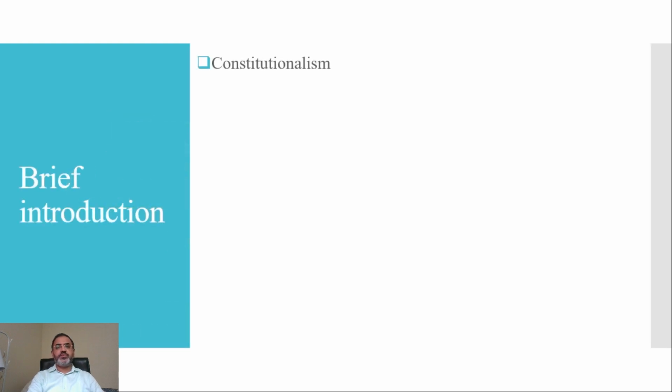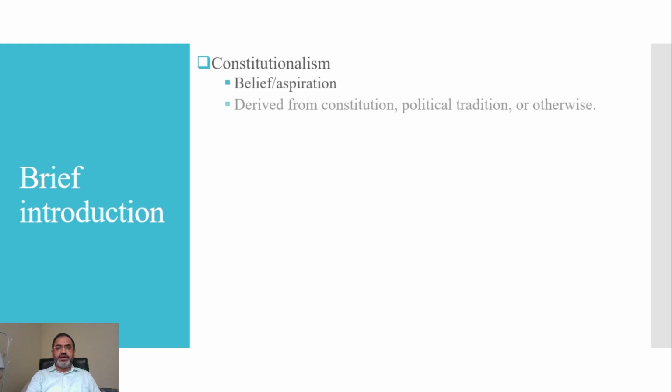To start with, we'll give a brief introduction about some of the key principles of the Constitution. We have the first principle of constitutionalism. Constitutionalism, as you can see here, is a principle which is aspirational.